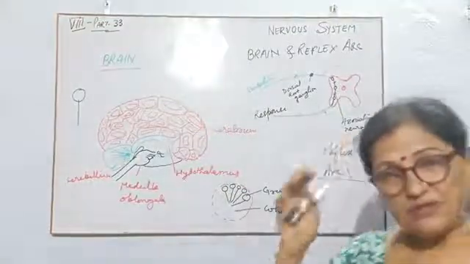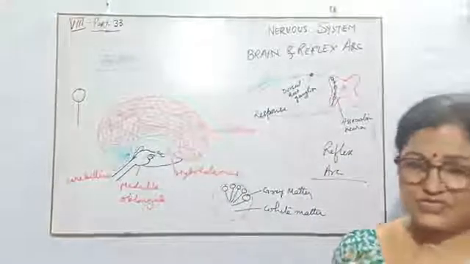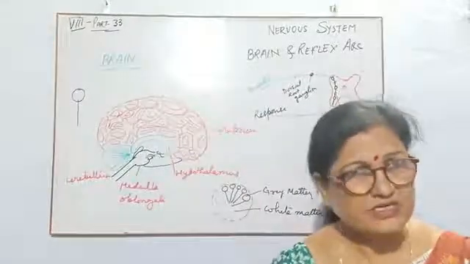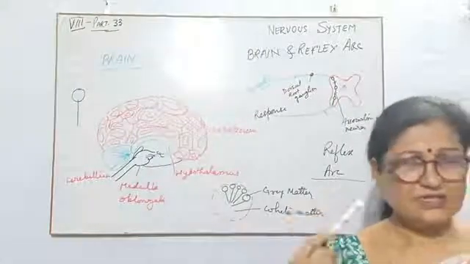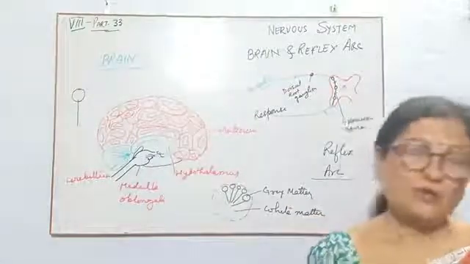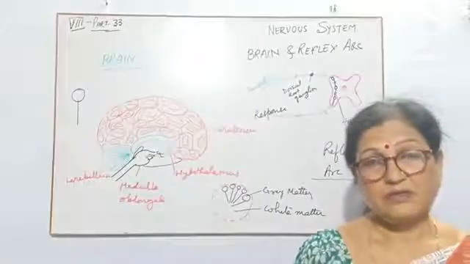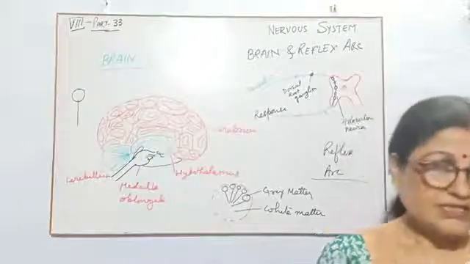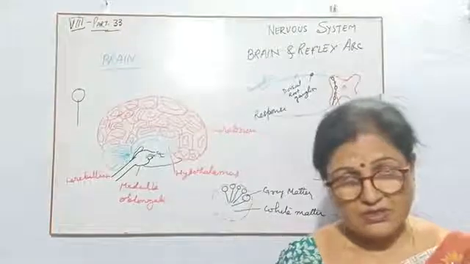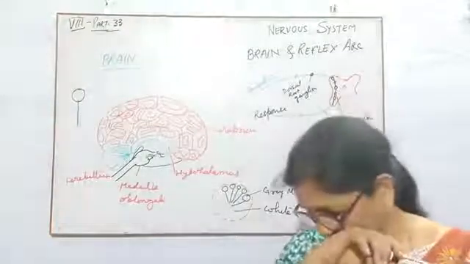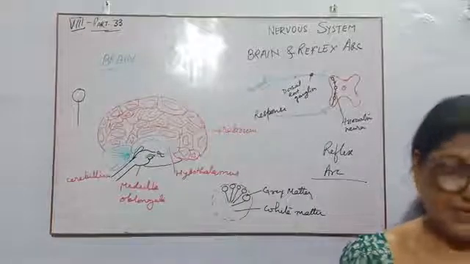Then in our cerebrum there are so many areas which are directly connected to our sense organs. If it is connected with the eye, that means it is the area for sight. Where it is connected with the ear, there will be the site of hearing. Where it is connected with the nasal nerve, that is the olfactory nerve, then it is the area for smelling.